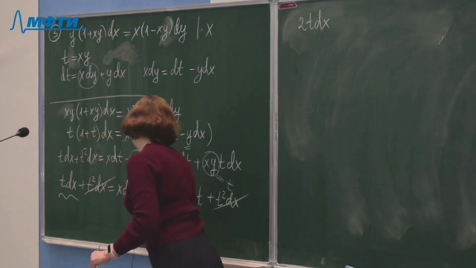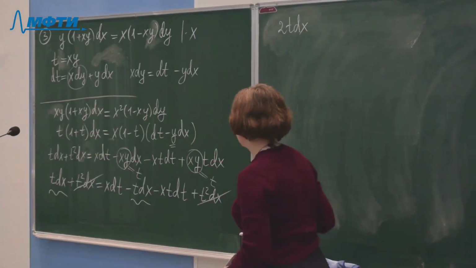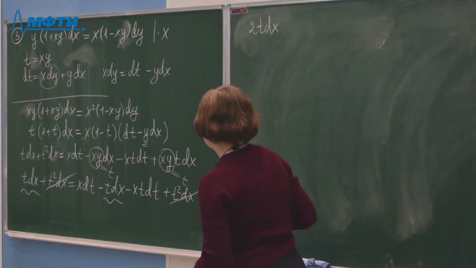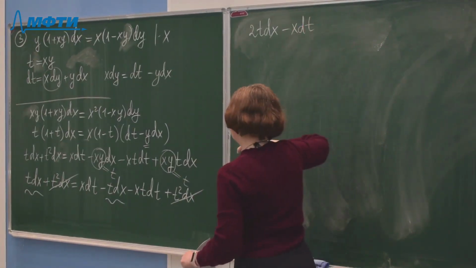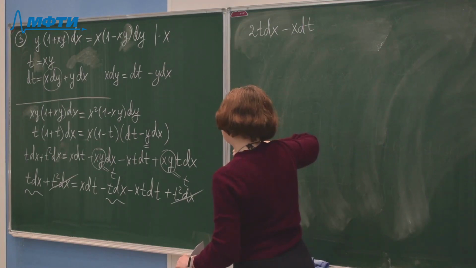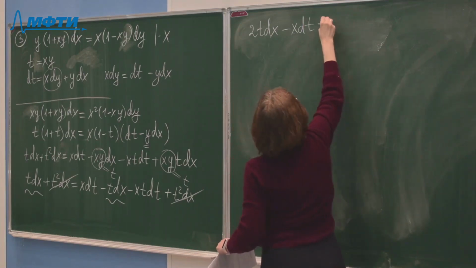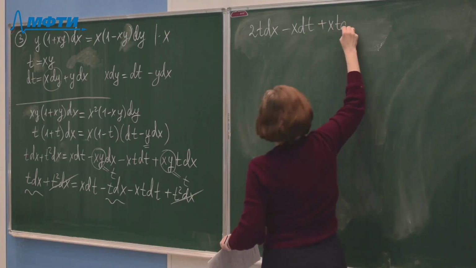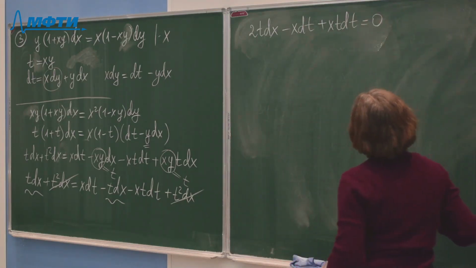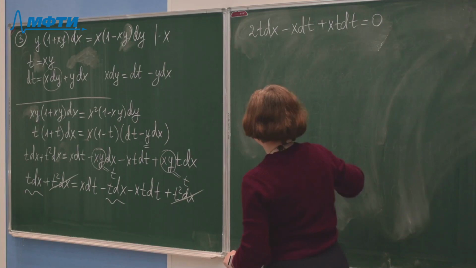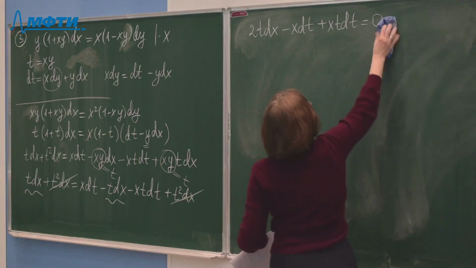So this and this will give us 2t dx, then minus x dt plus xt dt equals 0. Or maybe I think it's better not to do this.